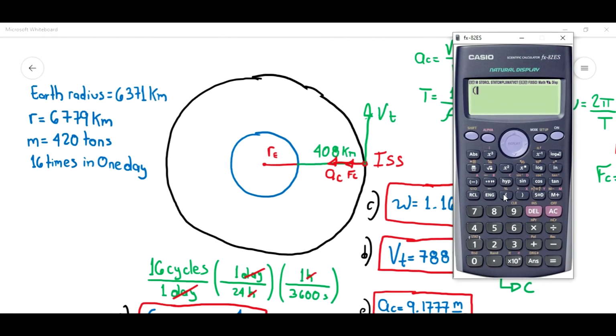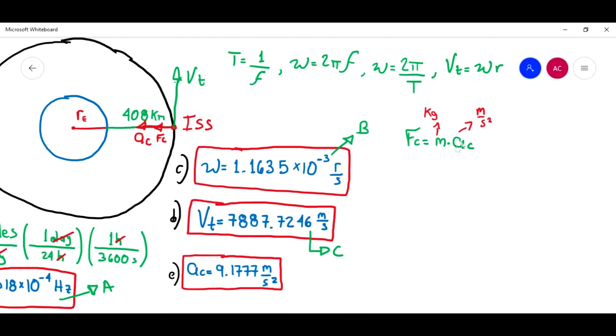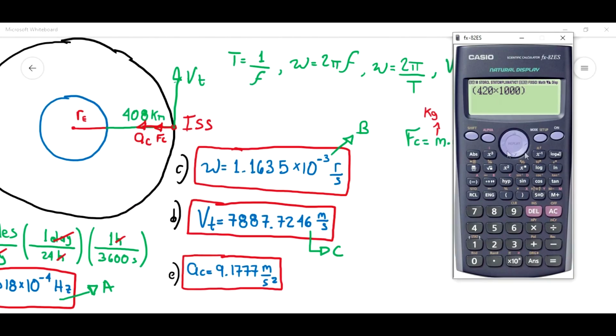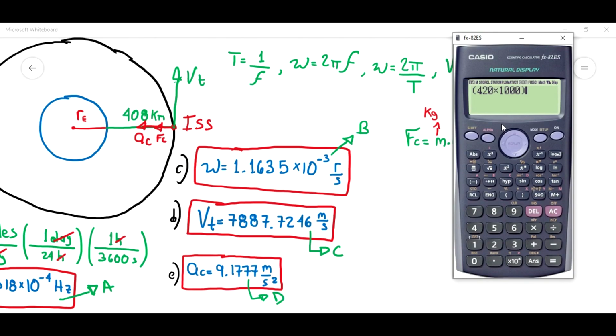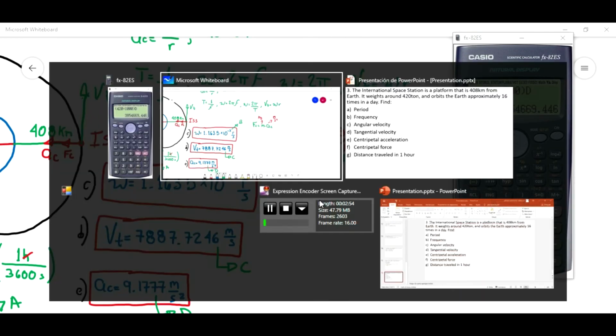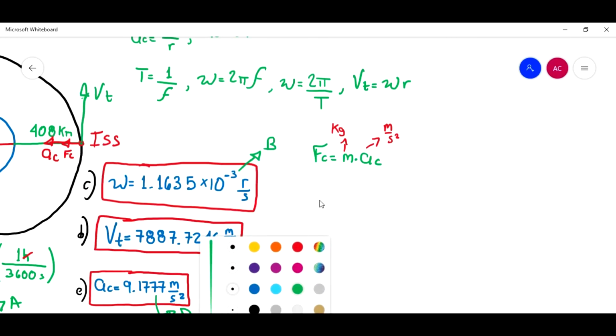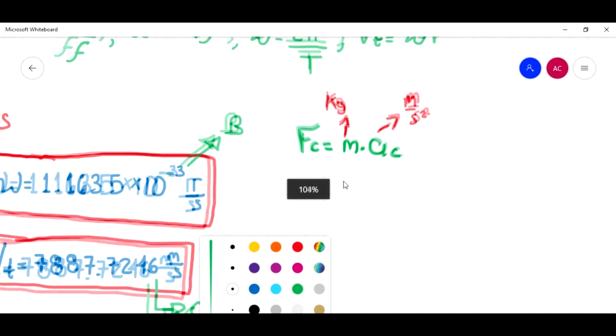So let's do it. 420 times 1000 times the centripetal acceleration. This value I saved in my memory D. So I'm just going to do alpha D, and that will be the centripetal force in newtons, and that's a very big centripetal force.